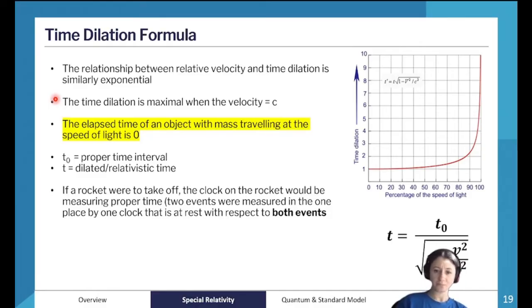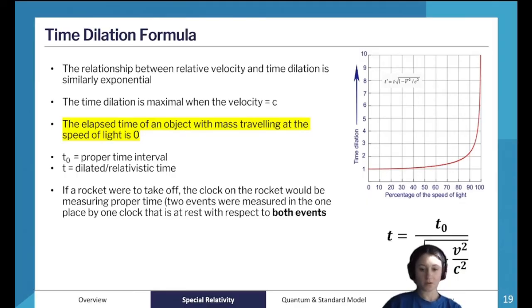So, as you get closer and closer to the speed of light, time slows down. And I just want to make an important clarification here. I'm not saying that you experience things yourself in slow motion. All right? It's more so that people watching you would think that you were experiencing things in slow motion. Okay?